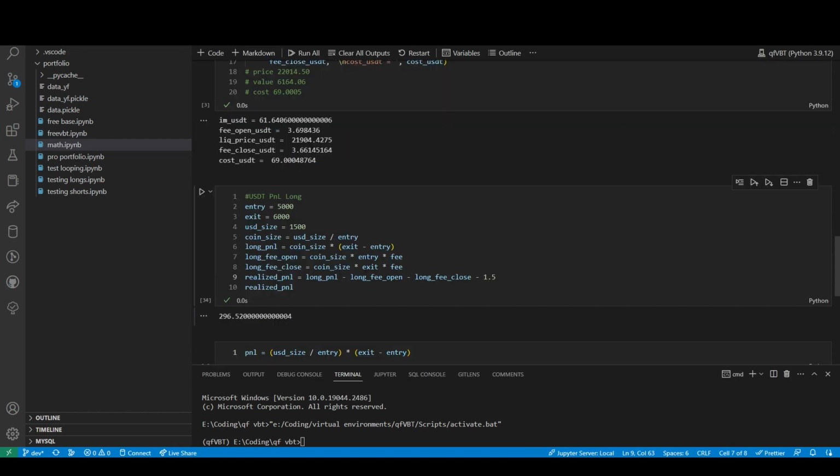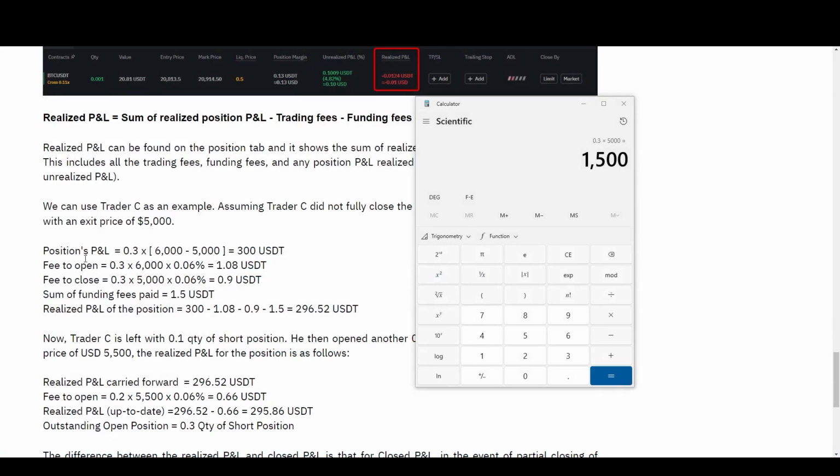All right, so we were able to recreate this right here, except this is for shorting.